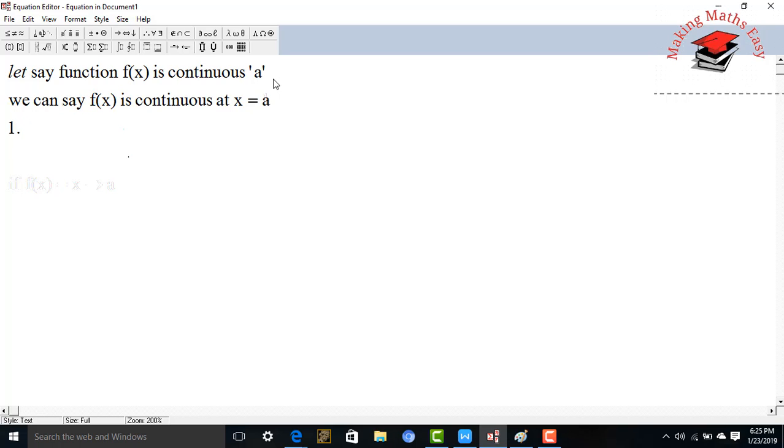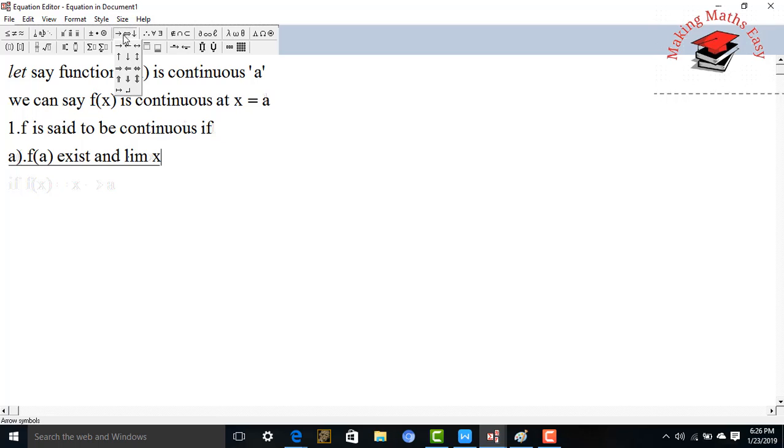We can say that a function is said to be continuous if two conditions are satisfied. The first condition is that f of a exists in such a way that the limit of x tends to a of f of x is equal to f of a.